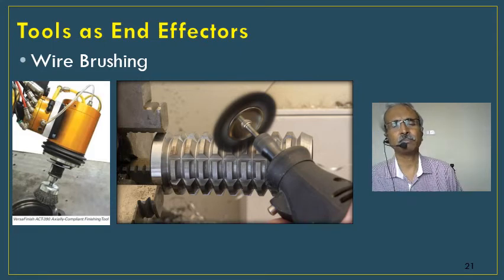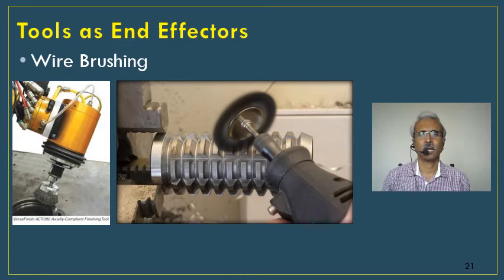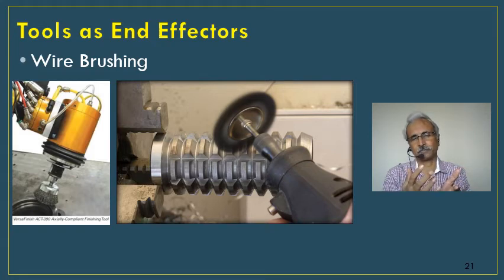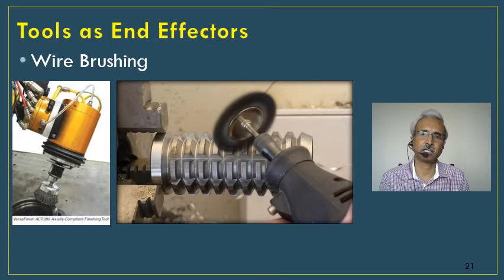But when it comes to critical components, uniformity is again very important, because if you don't apply the exact pressure, there is a possibility that you might lose the dimensional accuracy. So you need to have uniform surface finish, and you also have to maintain the dimensional accuracy. So that is where a robot does a better job.